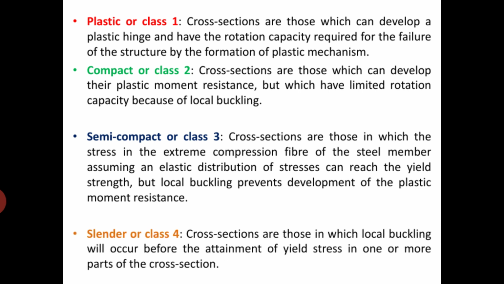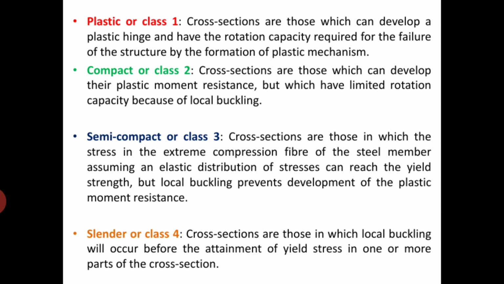And lastly, the slender or the class 4 sections. The cross sections are those in which the local buckling will occur before the attainment of yield stress in one or more parts of the cross section. I'll repeat, cross sections are those in which the local buckling will occur, as I explained what is local buckling, before the attainment of yield stress.